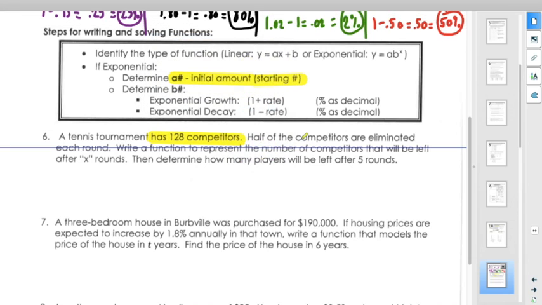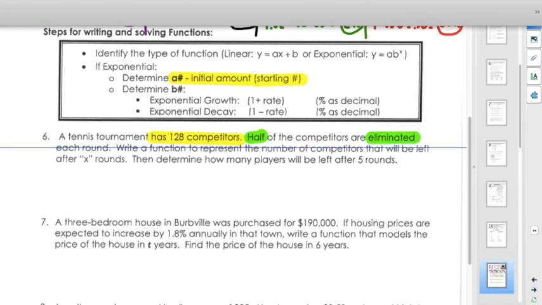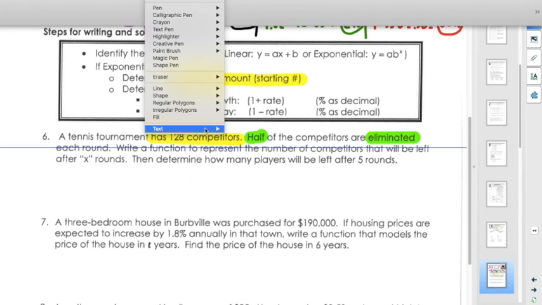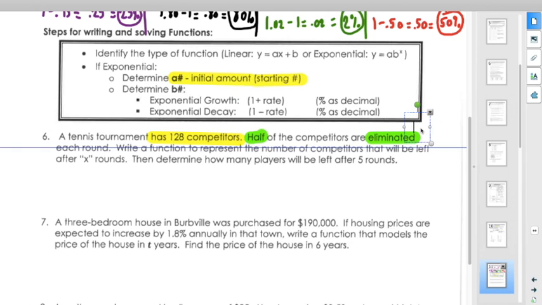Then half of the competitors are eliminated each round. So, do you think that's a growth or a decay? That is definitely a decay because they're being eliminated.